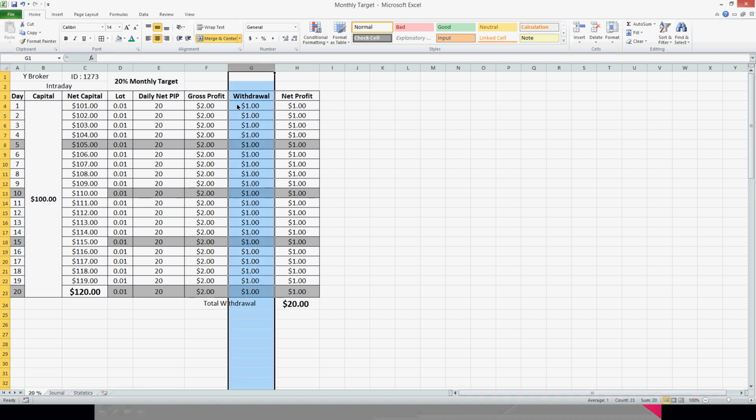Your daily target is supposed to be $1 a day to get you 20% of $100. However, you set yourself up on a 20 pip target. That's why you have $20 on the withdrawal side, and you also have $20 on your capital. So for this month, you have already achieved about 40% of your $100.